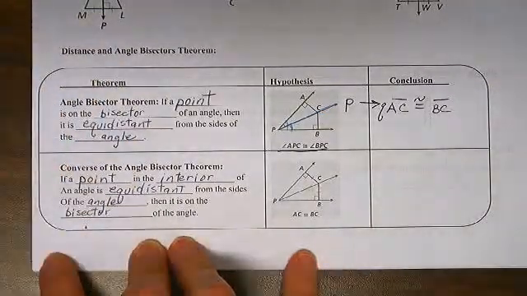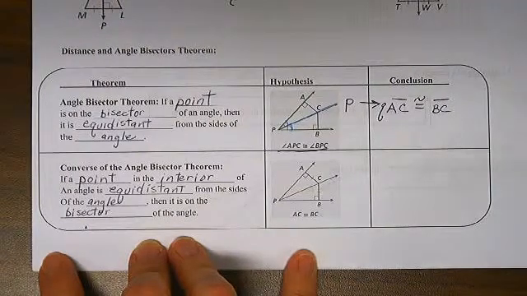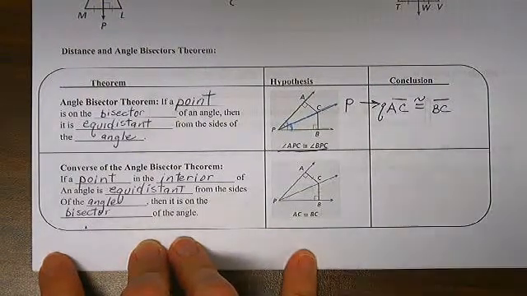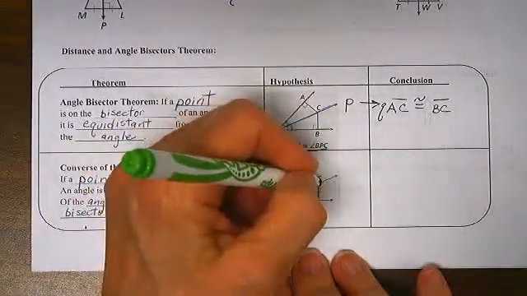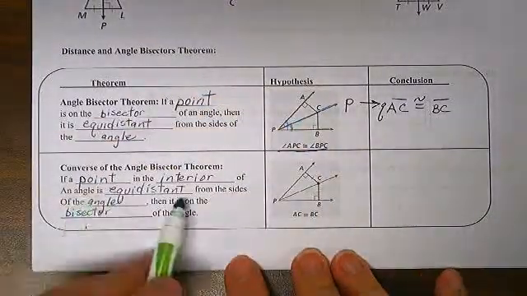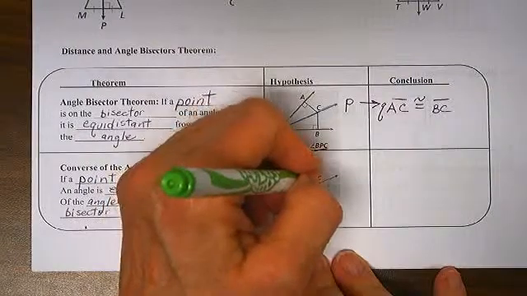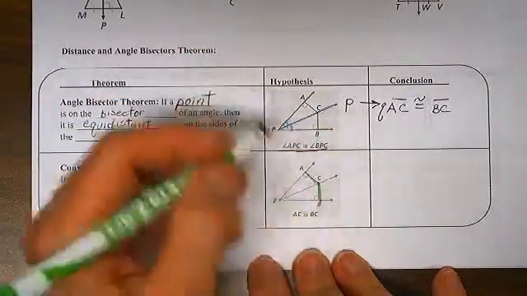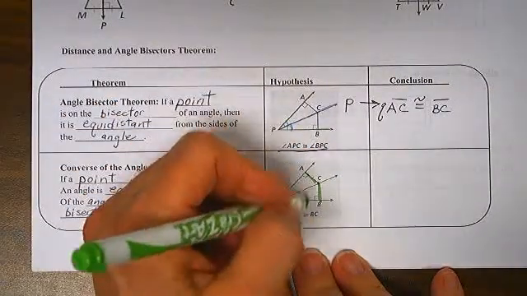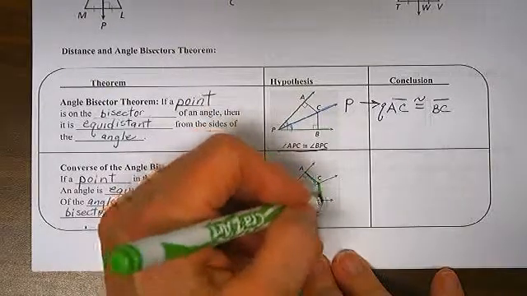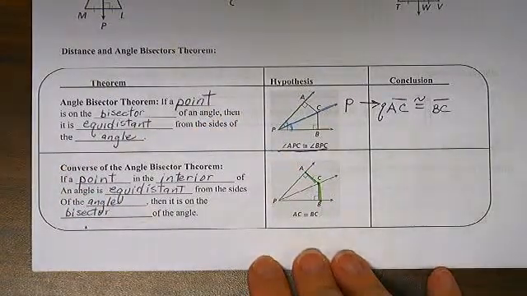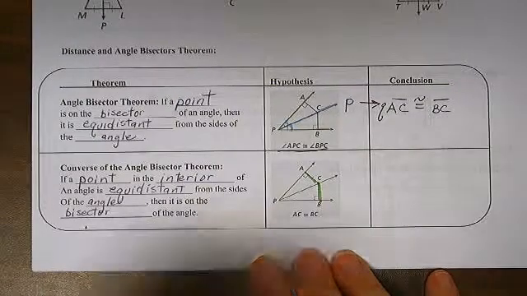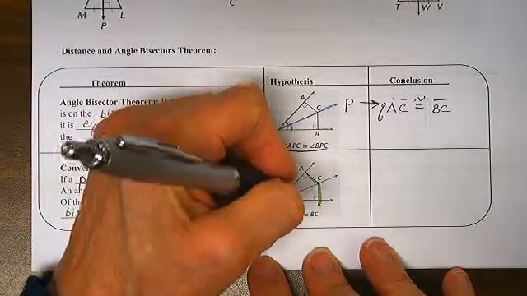So, if we have a point, we'll call it point C, and it is equidistant from the sides of the angle, so AC is congruent to BC, then point C is on the bisector of the angle.